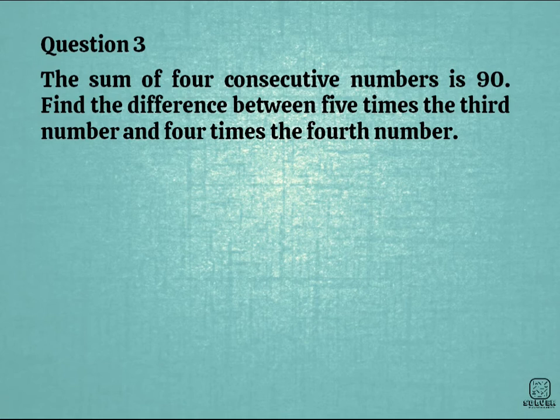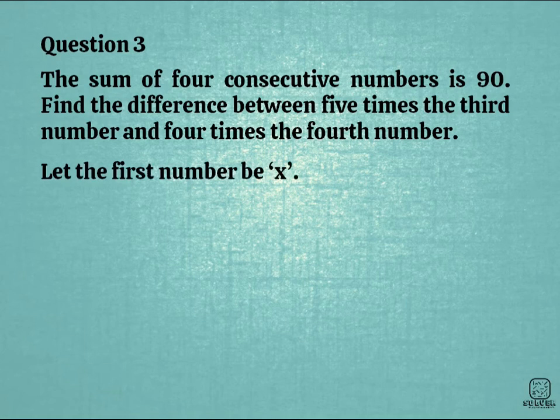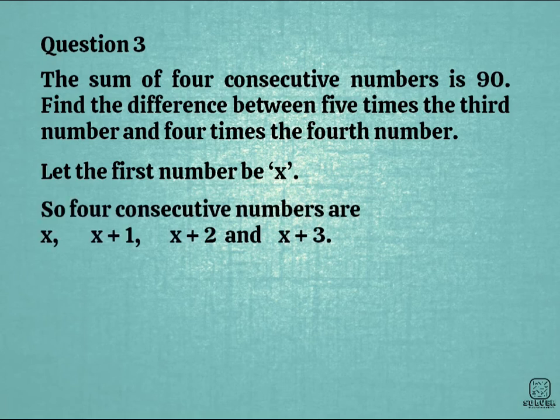Next question. The sum of 4 consecutive numbers is 90. Find the difference between 5 times the third number and 4 times the fourth number. So here the sum of 4 consecutive numbers is given. Consecutive numbers means continuous numbers. So let the first number be x. We are taking the first number as x.